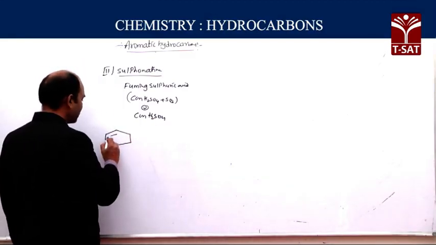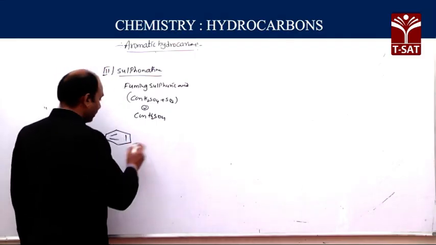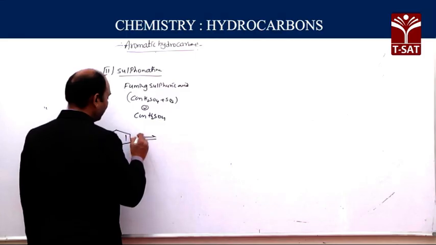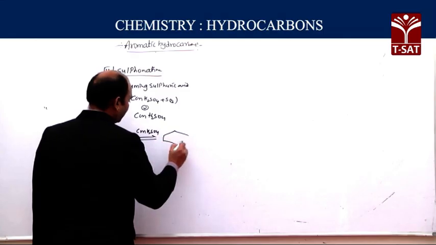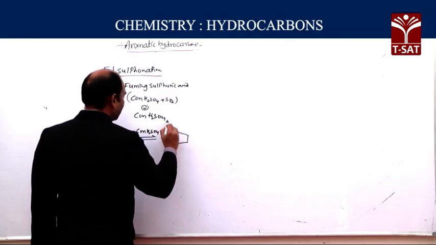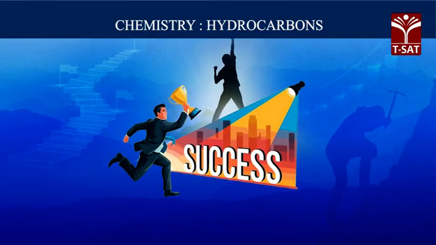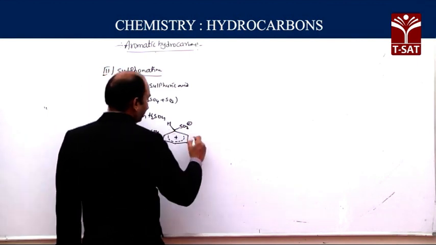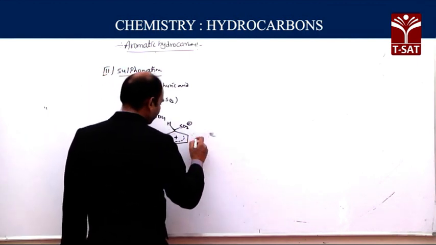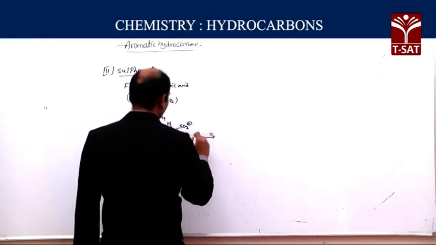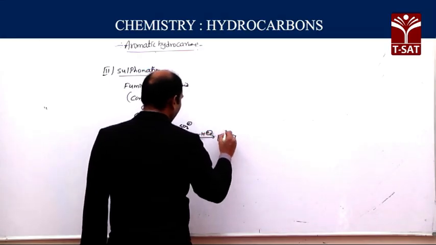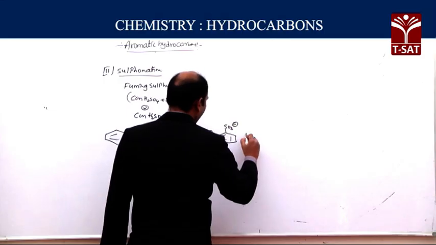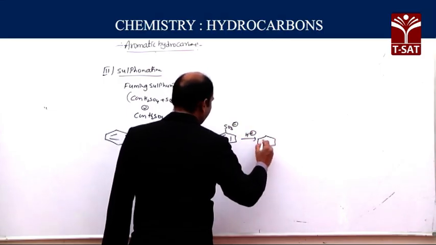Again, it has three steps, but I am writing the three steps together. First is generation of the electrophile from concentrated H2SO4. Then formation of the sigma complex, with H and SO3 minus and a positive charge. Next is loss of H plus, and then addition of H plus gives benzene sulfonic acid.